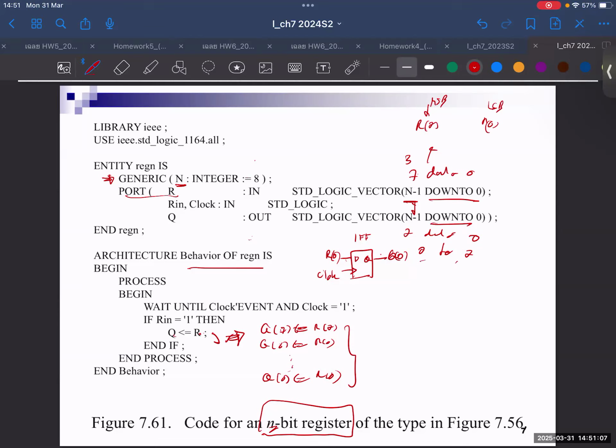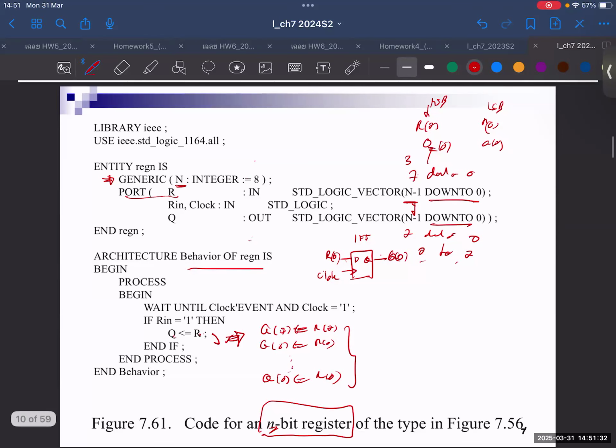But if you write 0 to 7, it's going to be on the different side, right? This Q0 and Q7. That's why you cannot match it, okay? But if you want to really do it, what happens? If you want to actually assign this one like Q7 to R0, what are you going to do?